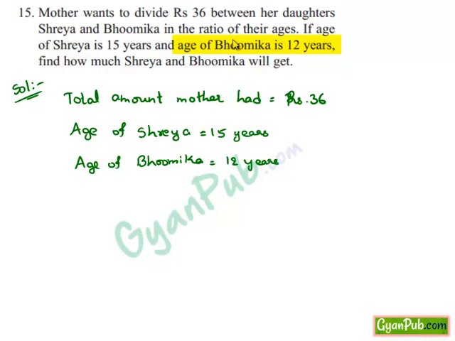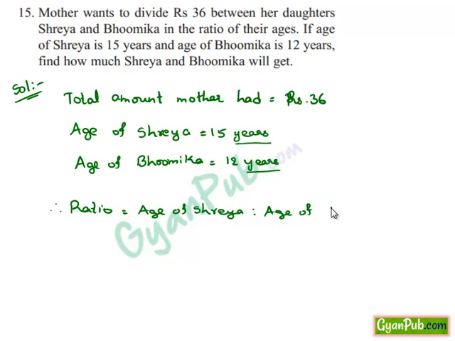Now we have to find the ratio of ages of Shreya and Bhoomika. We know that the comparison of two quantities of same units is called ratio. Here age of Shreya and age of Bhoomika are having same units, that is years. So we can compare them. Therefore, the required ratio is age of Shreya is to age of Bhoomika.